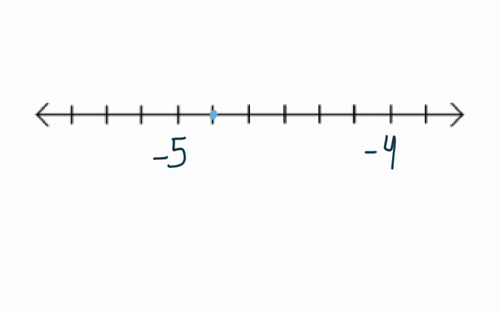Next, let's try to figure out where this blue dot is at on our number line. So one thing that we should notice is we have labeled numbers -4 and -5. And I know that between those two, there's 1. Okay, so if I'm counting by ones, I would count -4, -5.